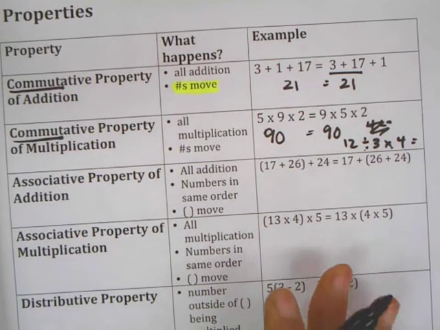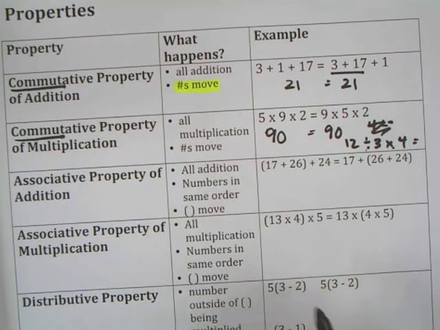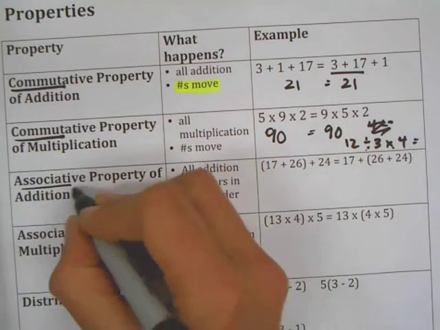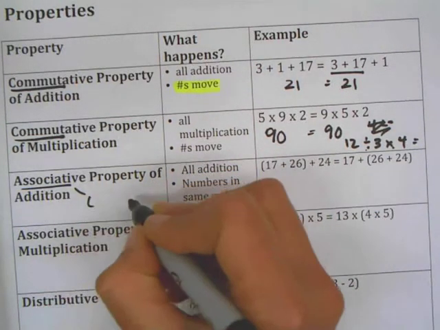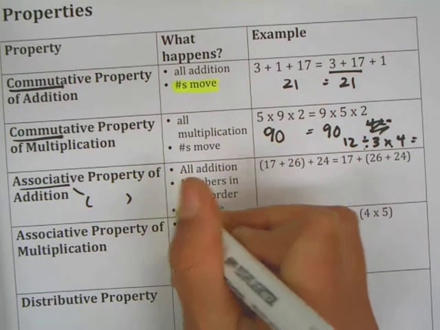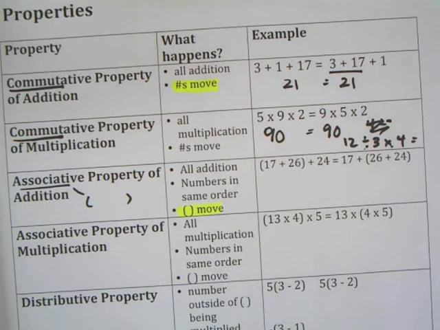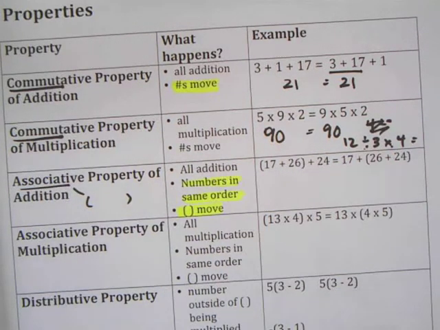So, associative property. Now, you might have heard the expression, like, oh, I don't like who you associate with, so like who you hang out with. So associate is kind of like who your group is, who your buddies are, and the way that we get groups here is by parentheses. So when you're looking for a problem to see if it's associative property, all the numbers are in the same order, okay?